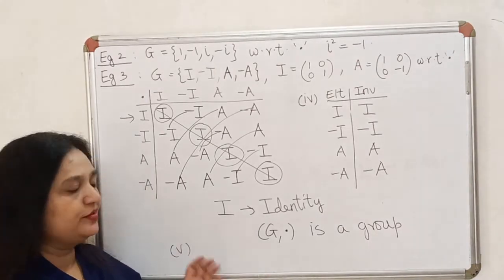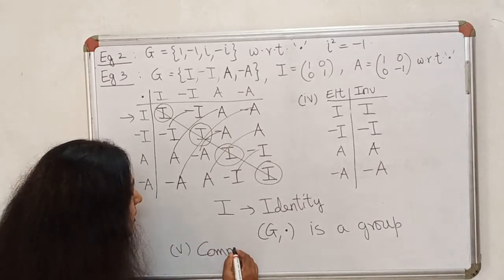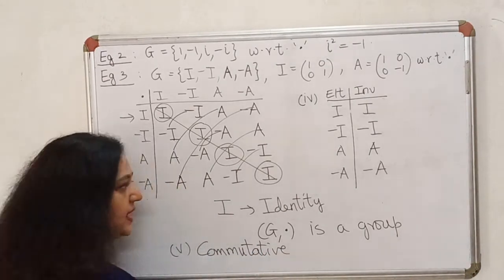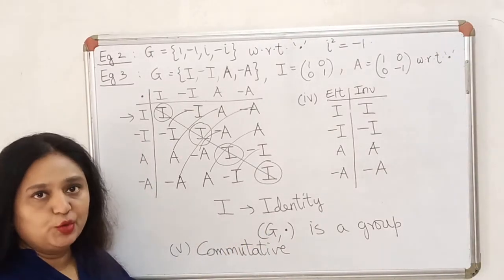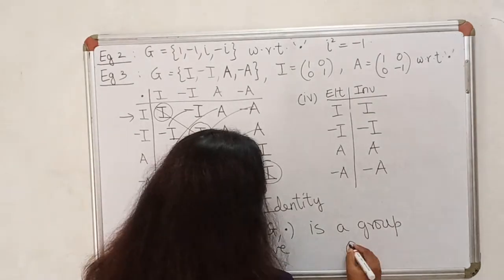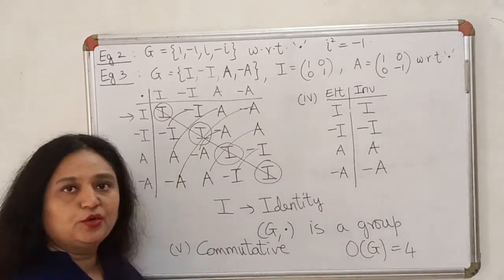So that's another way of checking the commutative property. So from the table, it's clear that commutative property is also satisfied, and therefore this is an abelian group. This also is an example of a finite group, and in this group the order is equal to 4.